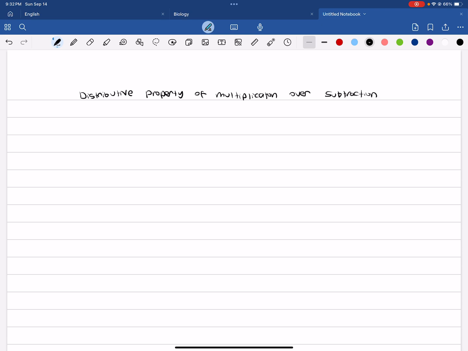It means that we get the same number when we multiply a group of numbers subtracted together as when we multiply each number separately and subtract them, which means that A(B minus C) equals AB minus AC.